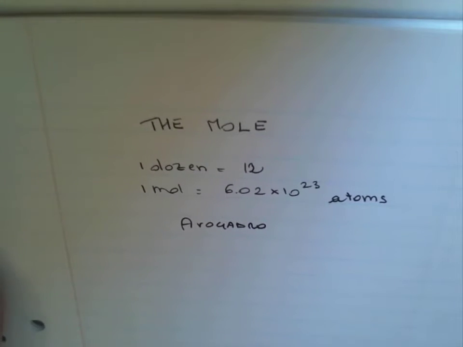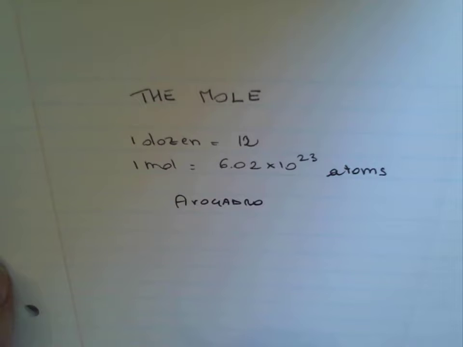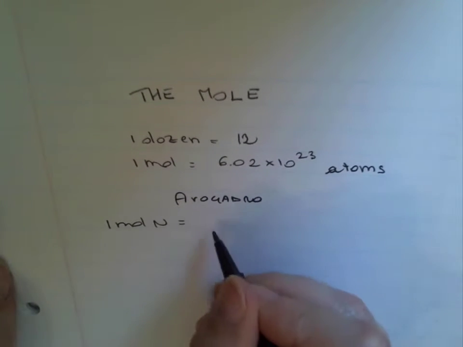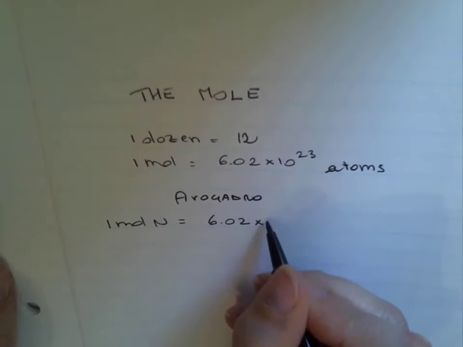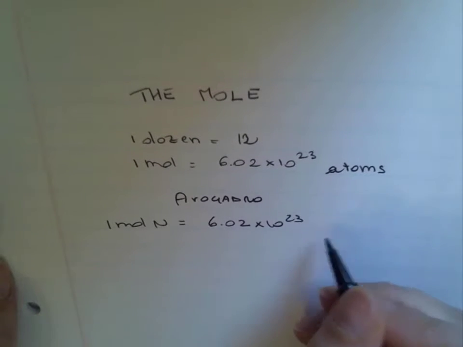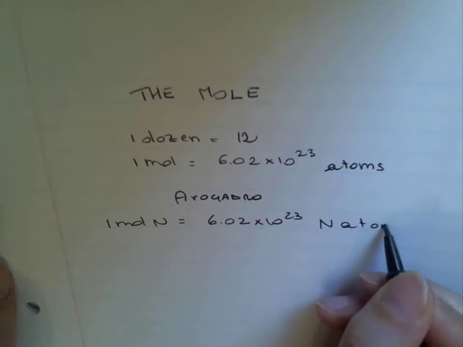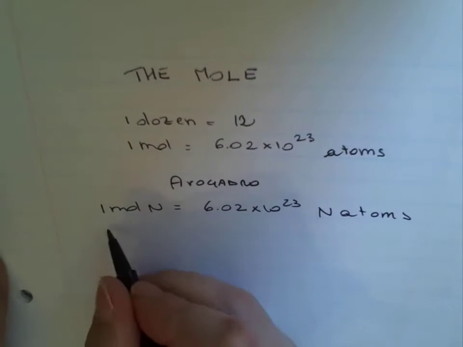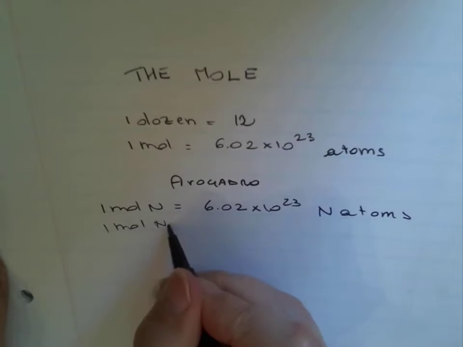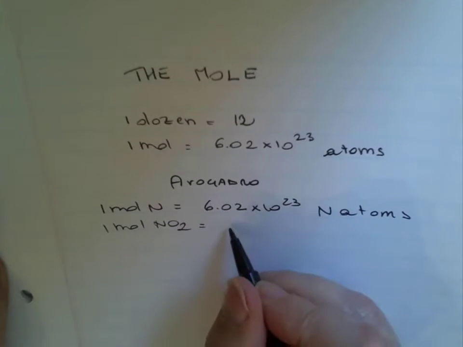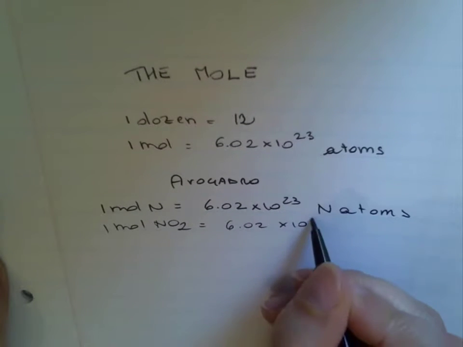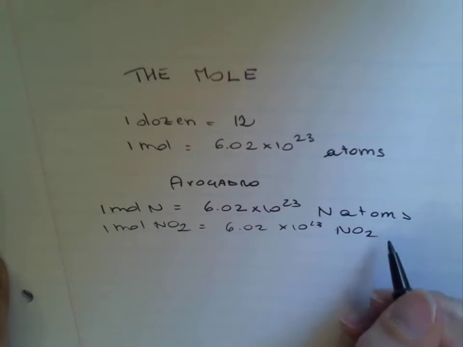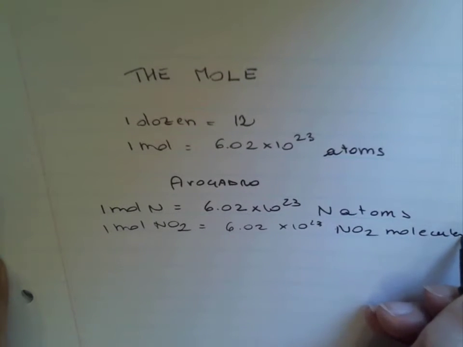Now, 1 mole of nitrogen, for example, will be equal to 6.022 times 10 to the 23 nitrogen atoms. We can also count molecules, so we could have that 1 mole of NO2 is equal to 6.022 times 10 to the 23 NO2 molecules.